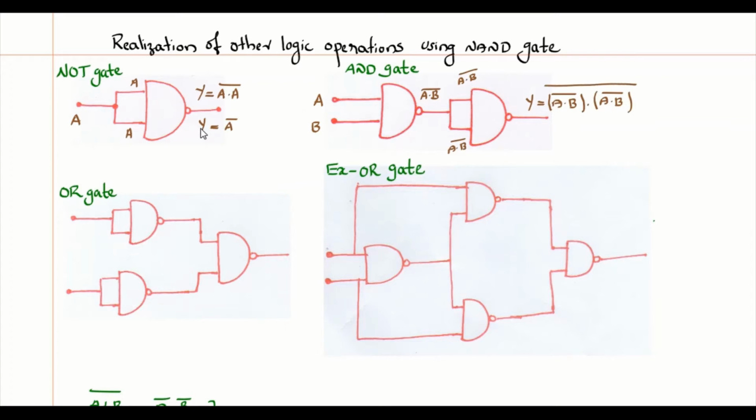We have already seen that A dot A equal to A. In a similar way, A dot B complement dot A dot B complement is nothing but A dot B complement. So the output becomes Y equal to A dot B complement complement, which is equal to A dot B, and which is an AND operation.